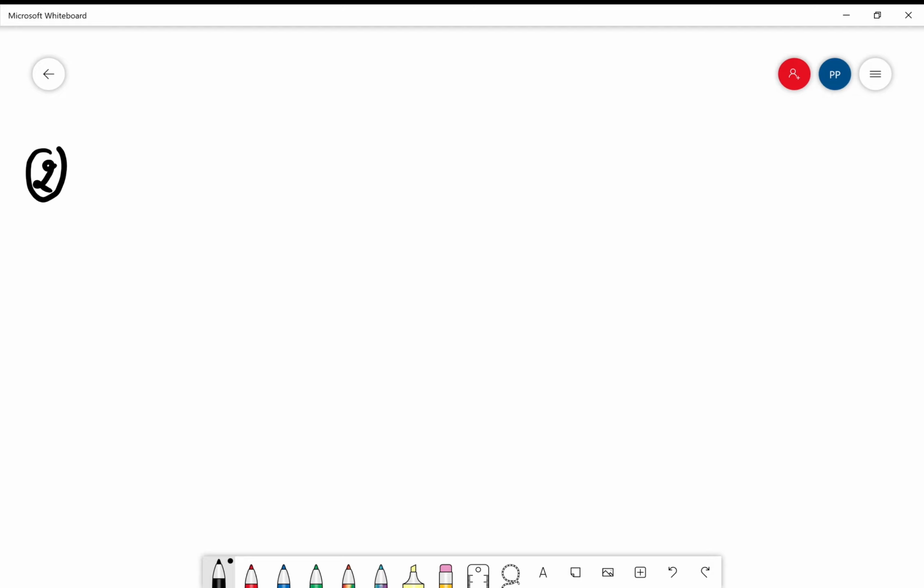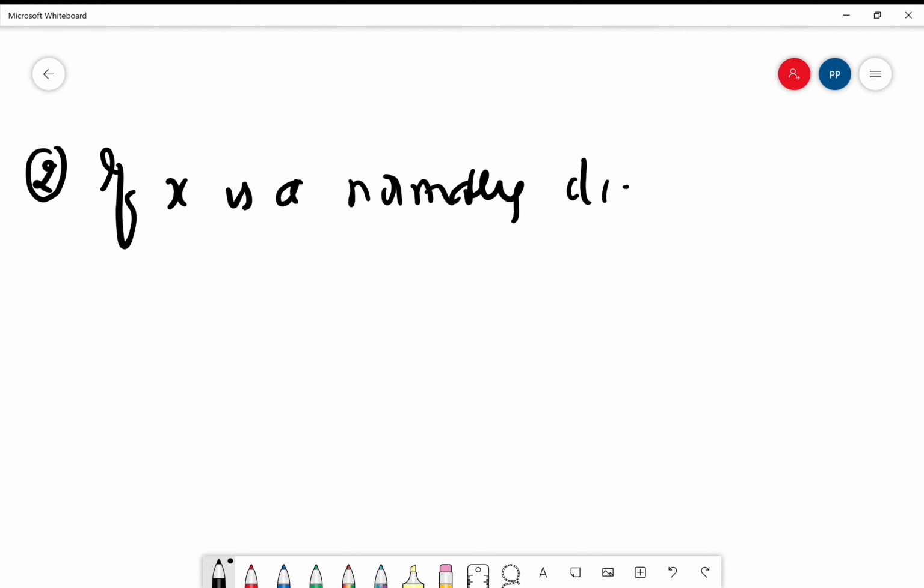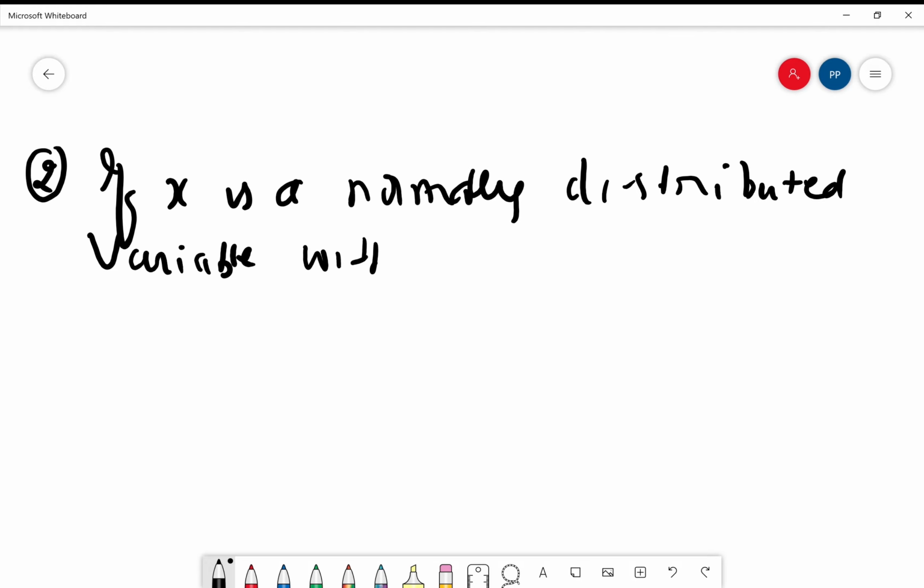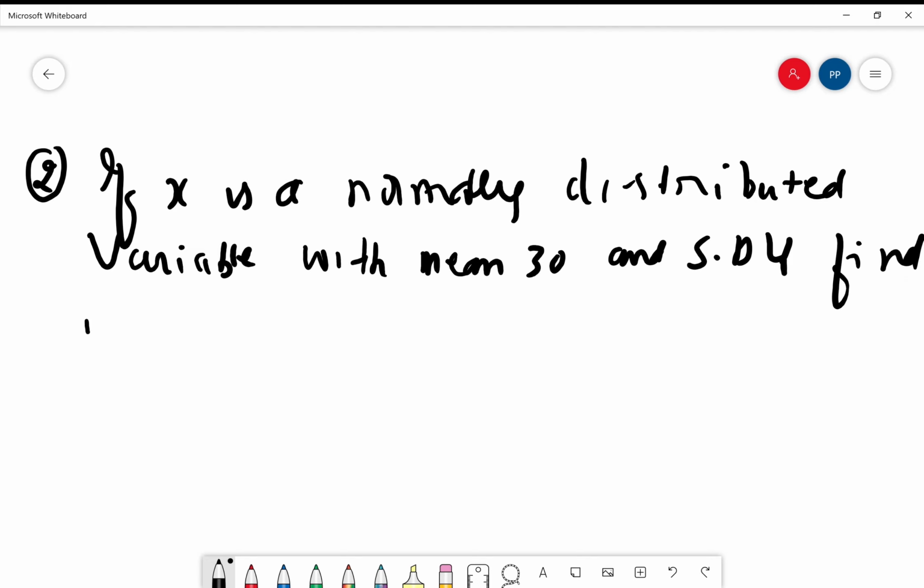Problem number two says that if x is a normally distributed variable with mean 30 and standard deviation 4, find number 1: P of x greater than 40.